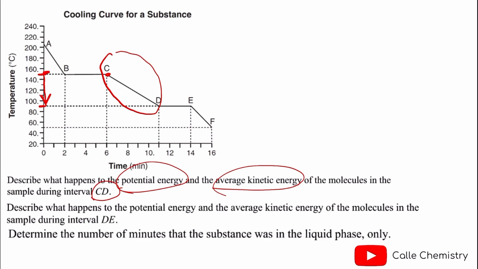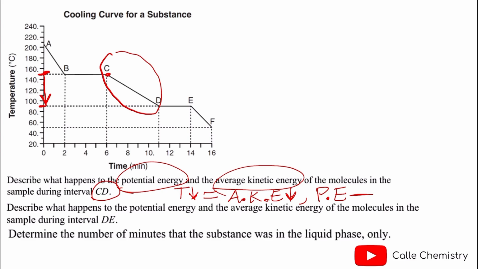This is telling me, okay, if the temperature dropped, that means that the average kinetic energy is decreasing. So when one energy is changing, the other one is staying constant. So for this, if the average kinetic energy is the one that's changing, it's decreasing, the potential energy is the one that's staying constant or remaining the same.